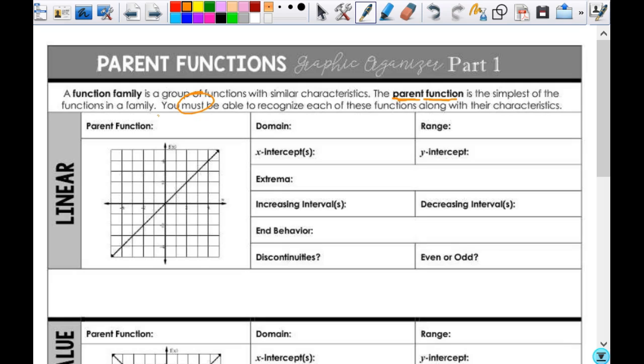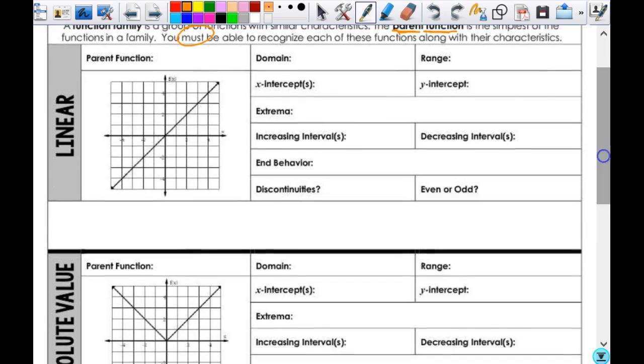So first one, linear. You've been talking about lines for a long, long time, right? So the parent function of a line is this one, okay? It's the simplest line that we can graph, before any of the transformations have been made. And when you learn how to graph lines, I don't think they talk to you about the fact that with y equals mx plus b and things like that, what's happening is your line's just being transformed.